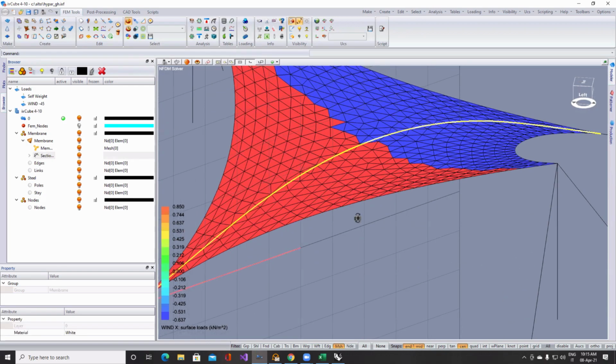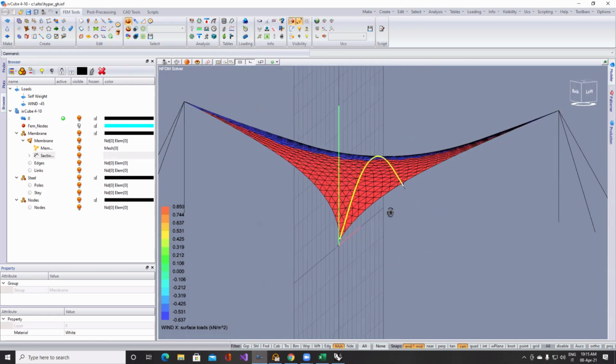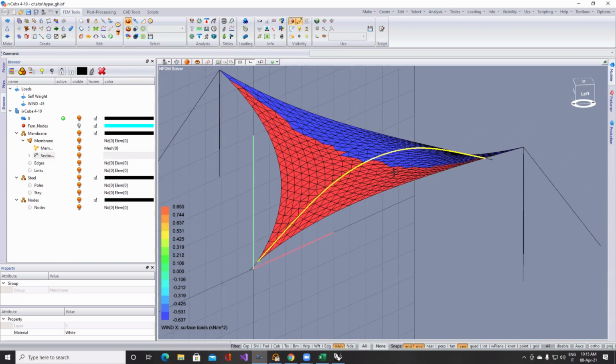This black line here. So this is the section, no? The section of the geometry in the direction of the wind.